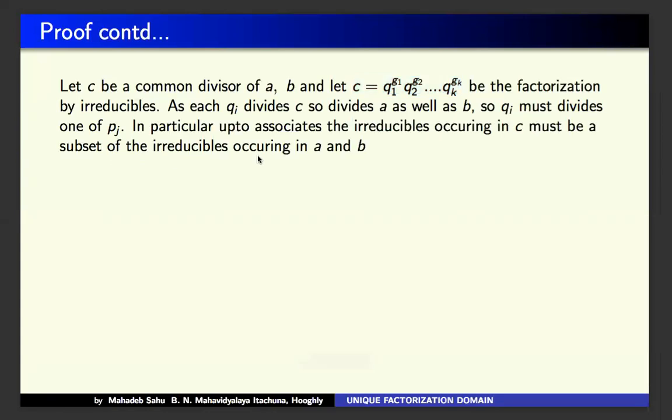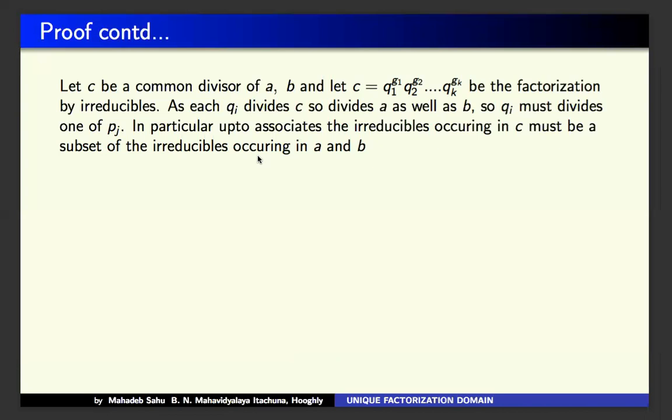So Qi divides Pj, and again Qi divides B, again also some Pj. Okay, in particular, up to associates, the irreducibles occurring in C must be a subset of the irreducibles occurring in A and B. That means Q1 must divide some Pi, Q2 also, up to Qk also.